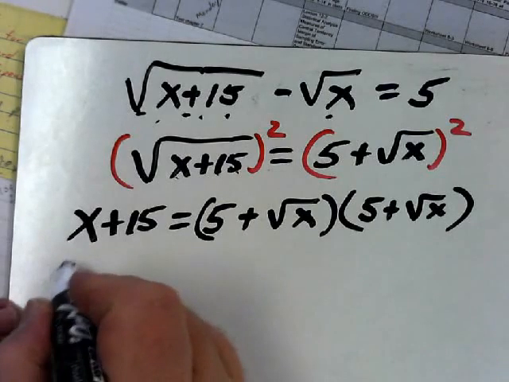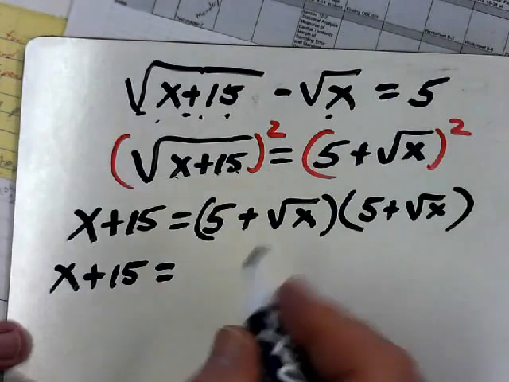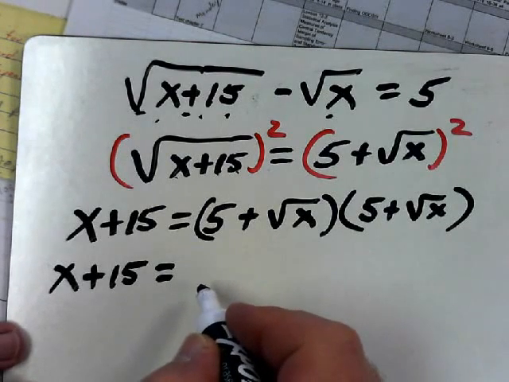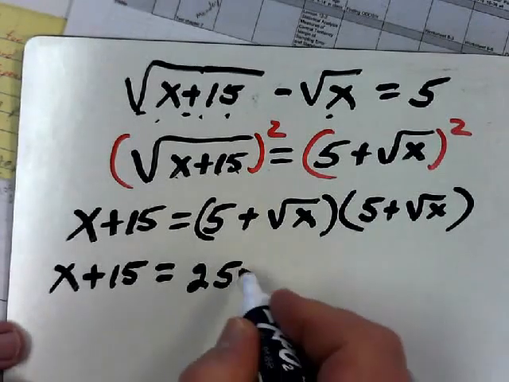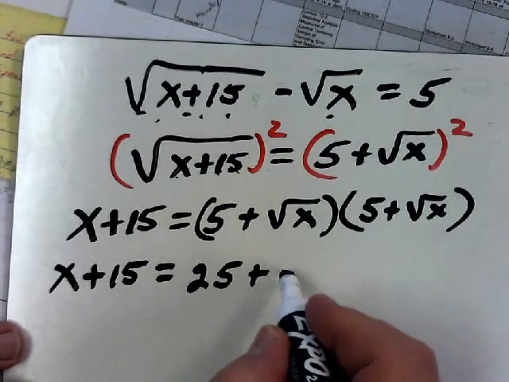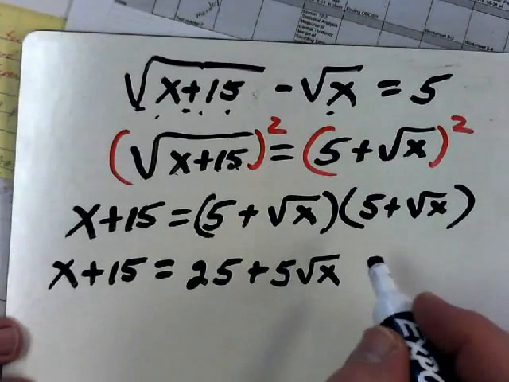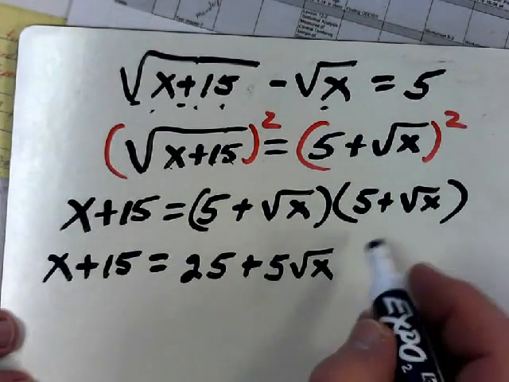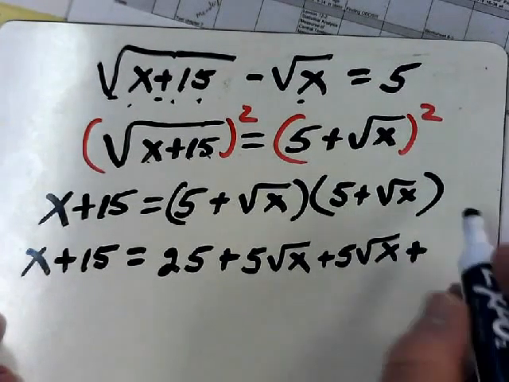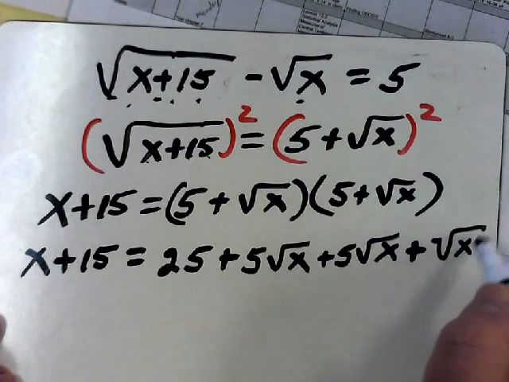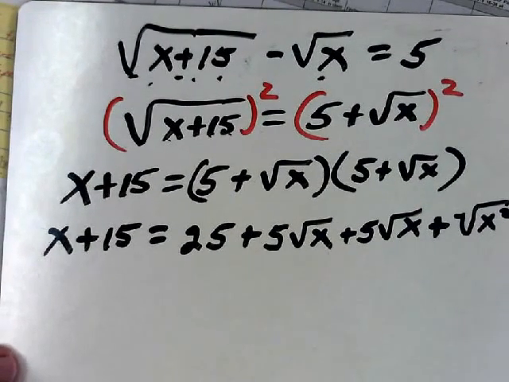So on the left hand side I have x plus 15 equals 25 plus, okay, square root of x squared. Are we okay so far?